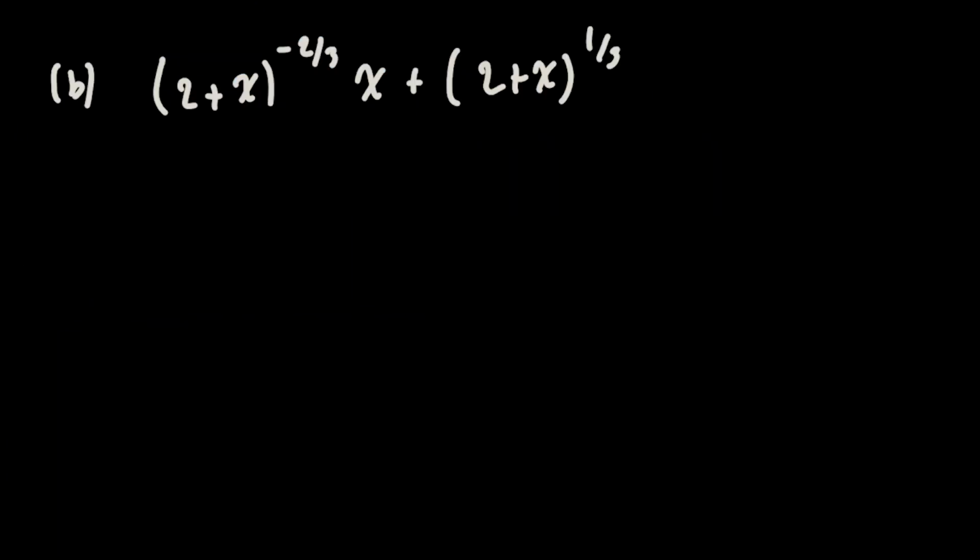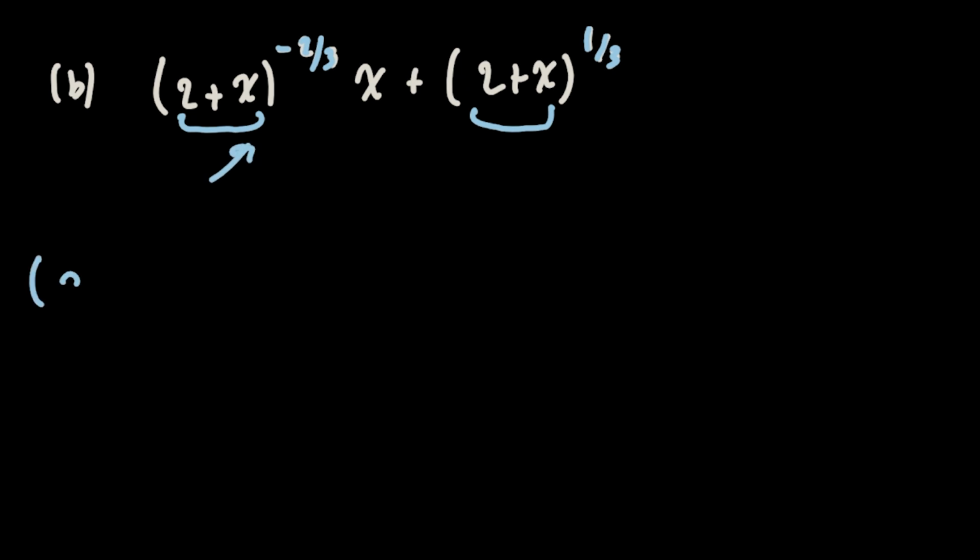Let's see part B. So we want to factor this expression here. As you can notice, this bracket here and this bracket here are the same. So we can take one of them as a common factor, and since here we have a minus 2 over 3 and here we have 1 over 3, we will take this as a common factor.